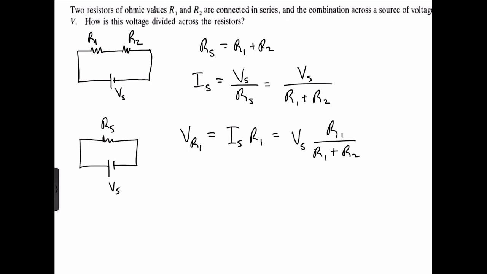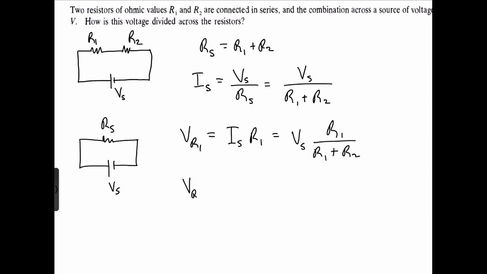Here we see that the targeted resistor is R1. We need to find the voltage across R1. In the numerator, we see that the numerator is the same as the targeted resistance.